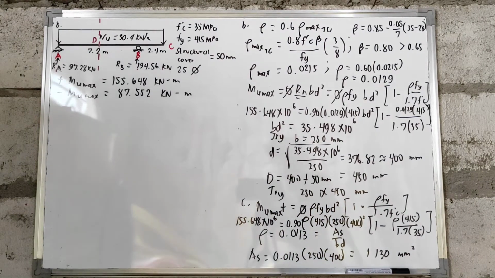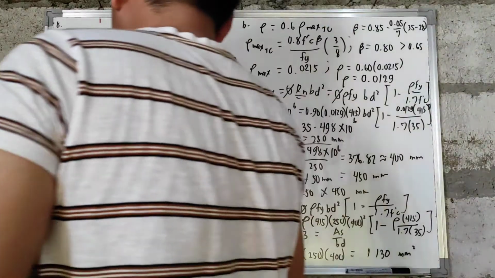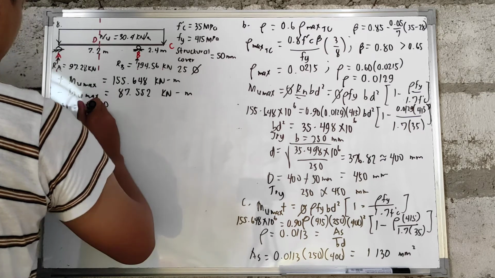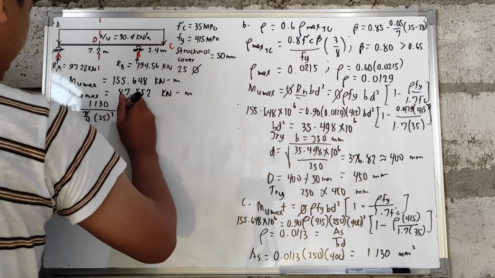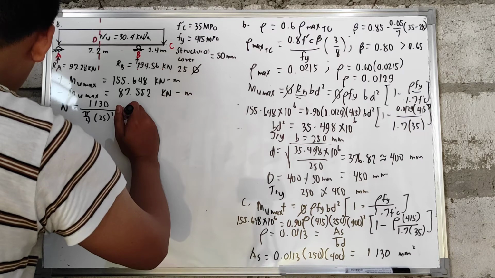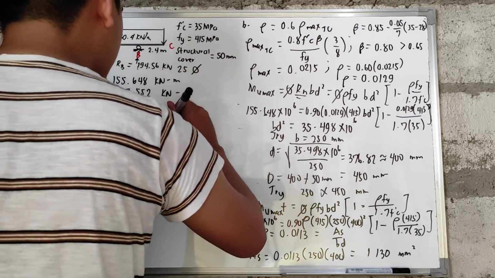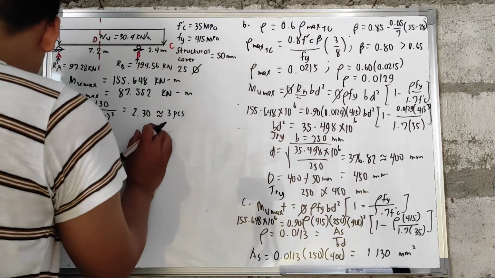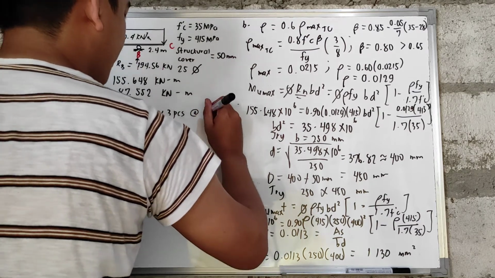In our design, we're going to use 25 mm main bars, given our As of 1,130 mm squared. The area of one bar is that of a 25 mm diameter. So our number of pieces will be equal to 2.3 pieces, or we round up, because we don't have partial bars. So we have 3 pieces at the bottom reinforcement.